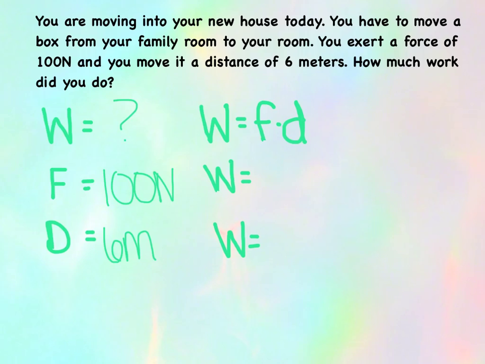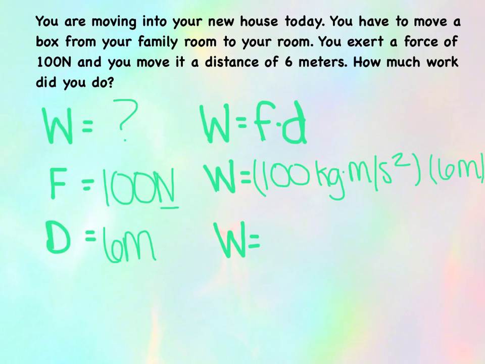Okay, so when you are solving with newtons, you want to go ahead and simplify the unit newtons. So newtons in its simplified form is kilograms times meters per second squared. So that's the simplified newton. And then you want to put your distance there.